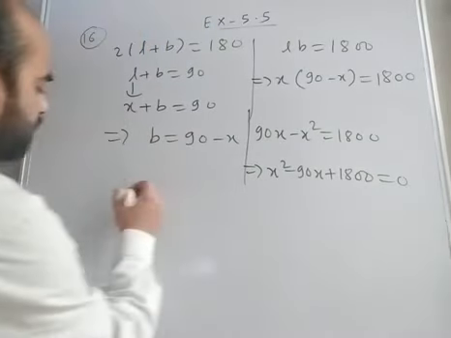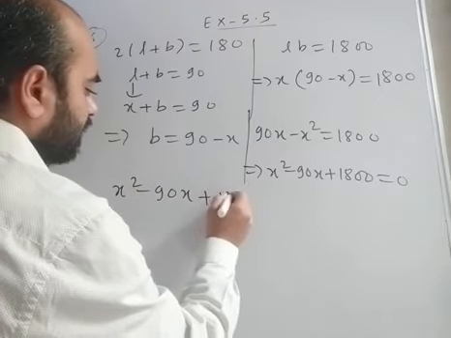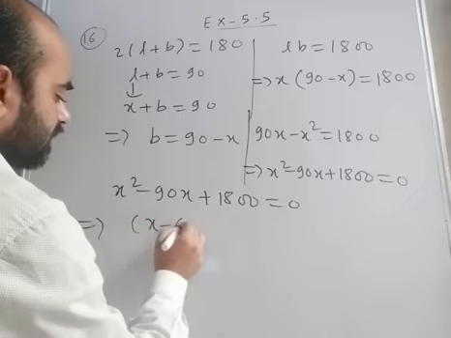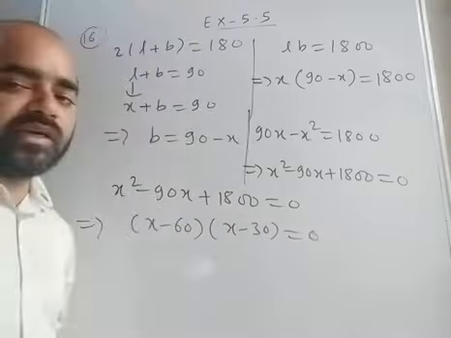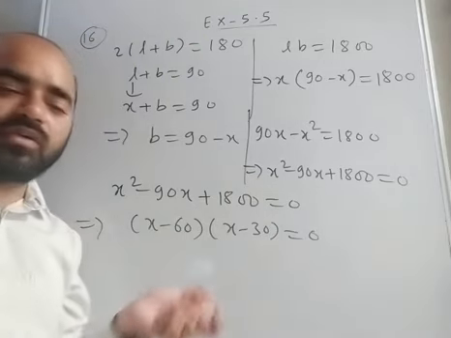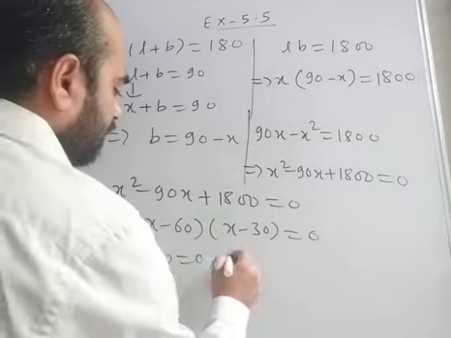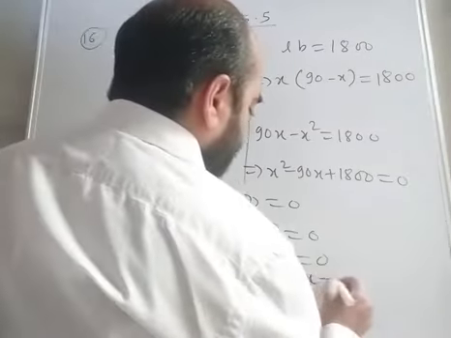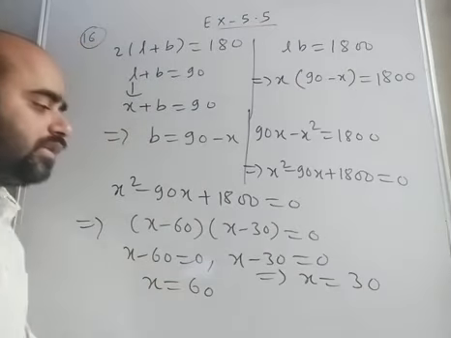Therefore this will be (x - 60)(x - 30). If you have any confusion, you can multiply and cross check. Then x - 60 will be 0, x - 30 will be 0. It means x will be 30 and x will be 60.